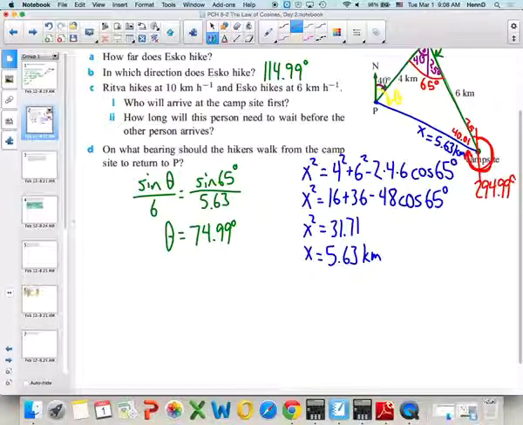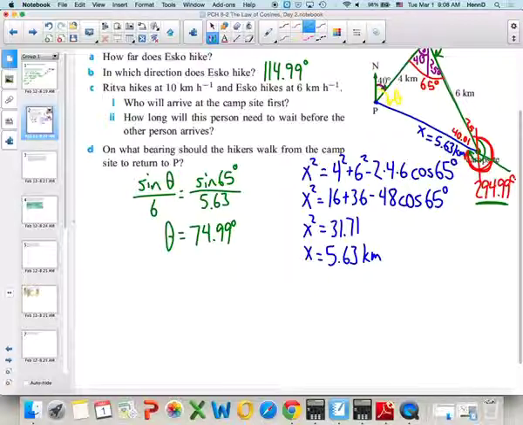So I was going 114.99. If I add another 180 degrees to that, that'll take me back where I started from. So 114.99 plus 180 is 294.99. There's more than one way to do it. However it makes sense to you, go for it.